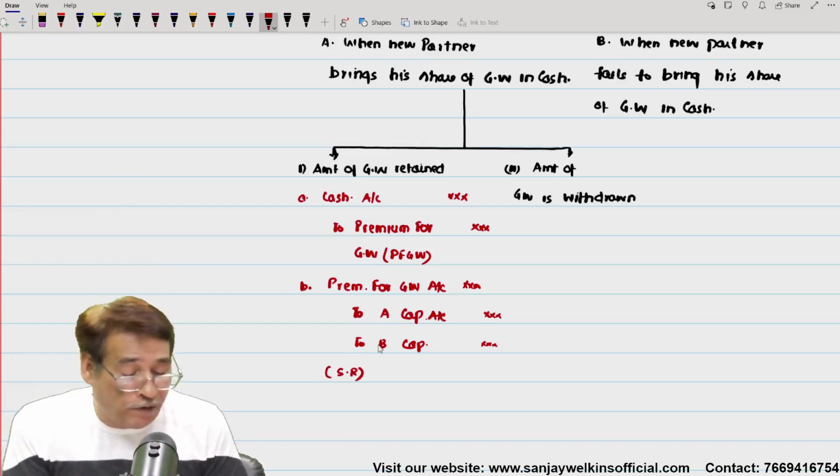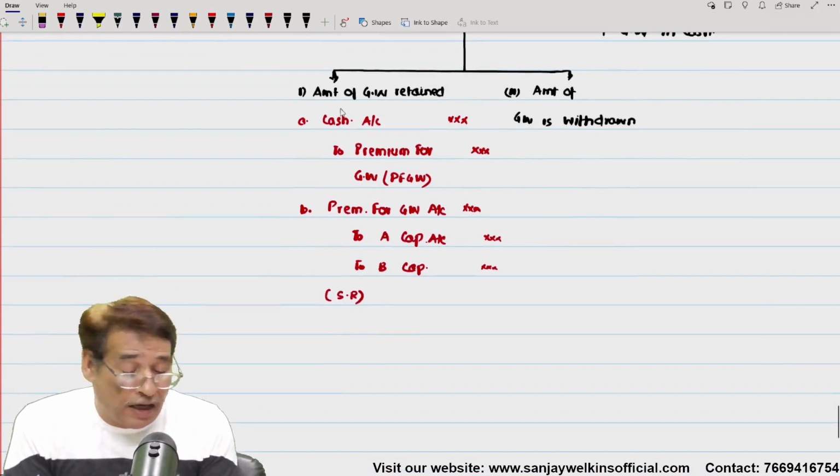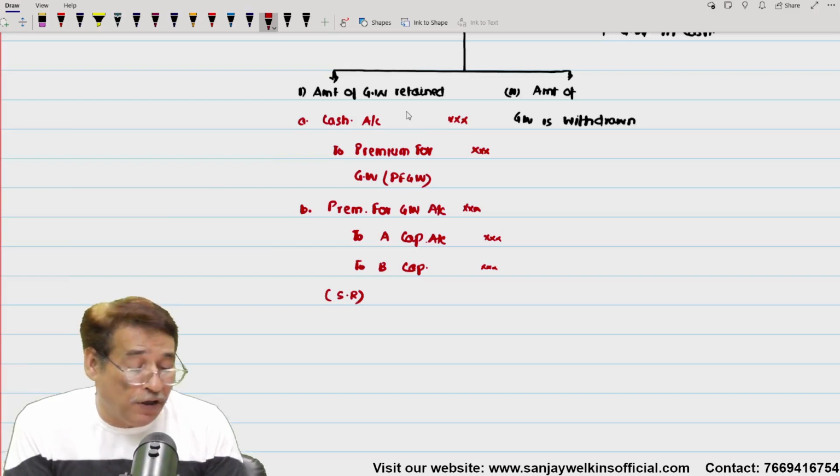In this case, we will pass only these two entries. This case is known as the amount of goodwill being retained in the business.